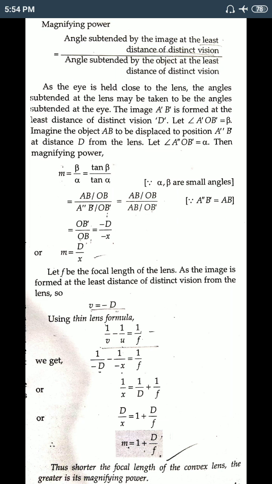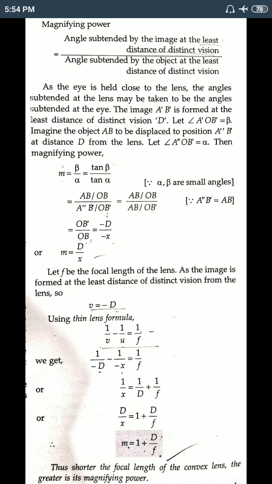The magnifying power of a simple microscope is defined as the ratio of the angle subtended by the image and the angle subtended by the object at the eye, when both are at the least distance of distinct vision from the eye.